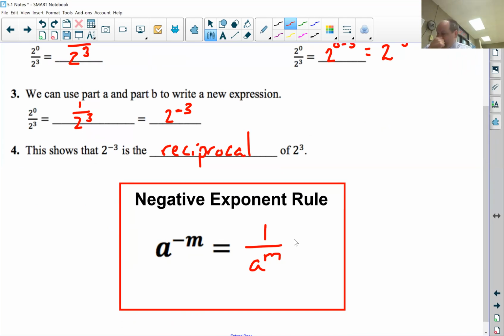A couple ways to think about it. This negative, you can think, means I'm in the wrong place in a fraction. If it's in the numerator, which is where a base with a negative exponent is considered to be, we put it in the denominator to make it positive. If it was in the denominator, it would go to the numerator and become positive.